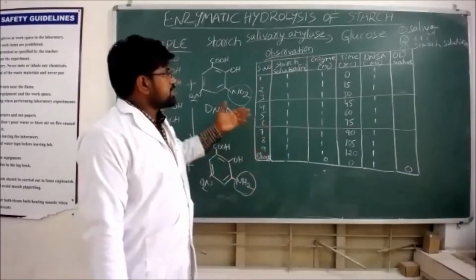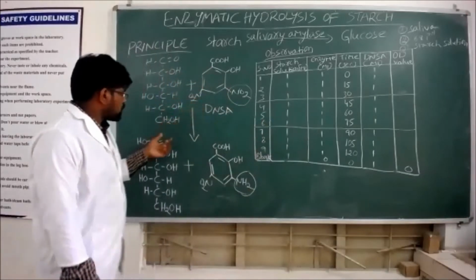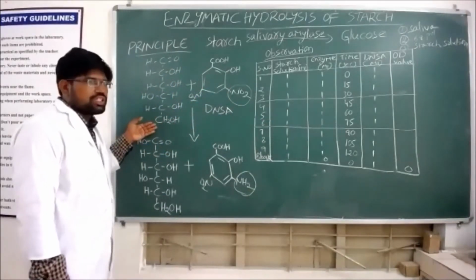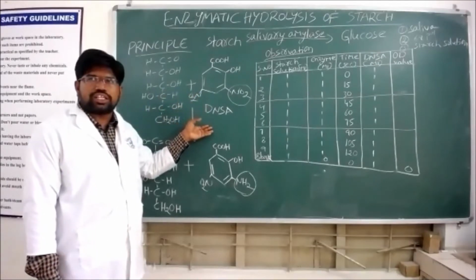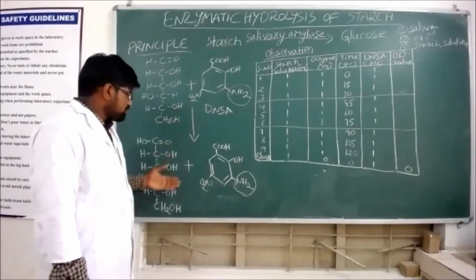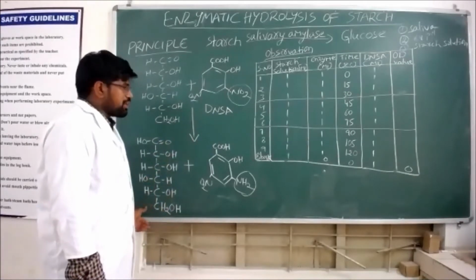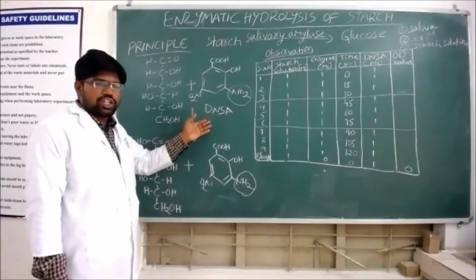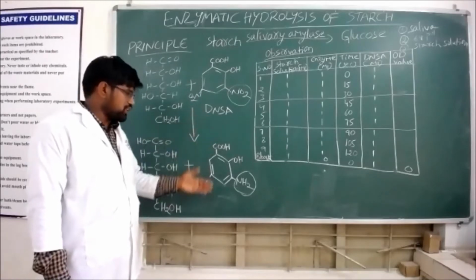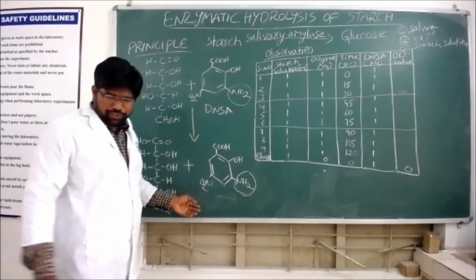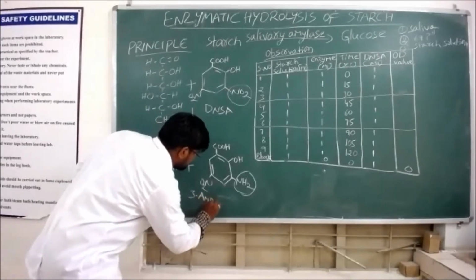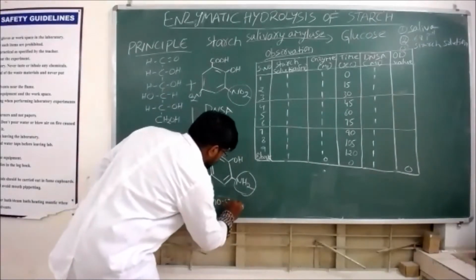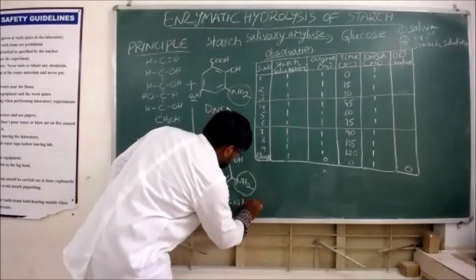Next, in the second step, the reducing sugar glucose, this is the structure of glucose, reacts with the dinitrosalicylic acid reagent and forms gluconic acid. Simultaneously, this 3,5-dinitrosalicylic acid is reduced to 3-amino-5-nitrosalicylic acid. This is the structure of 3-amino-5-nitrosalicylic acid.